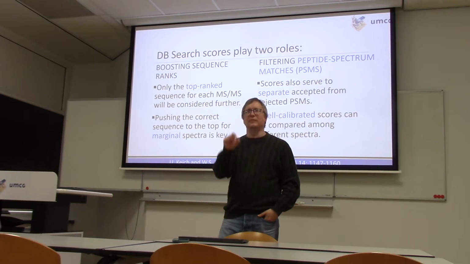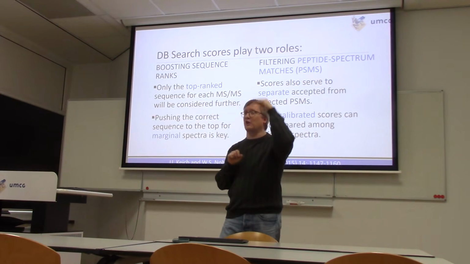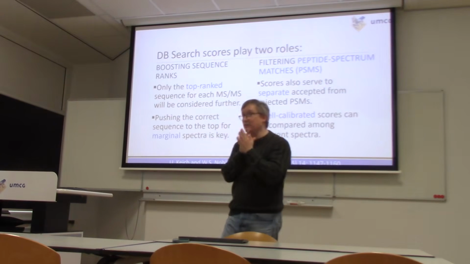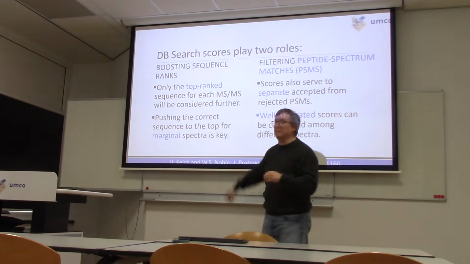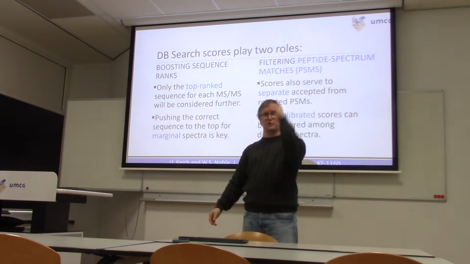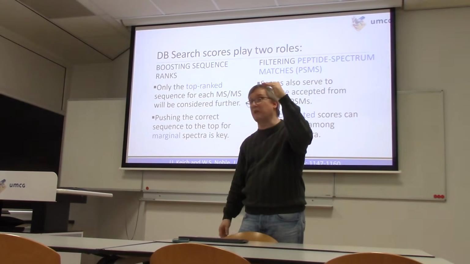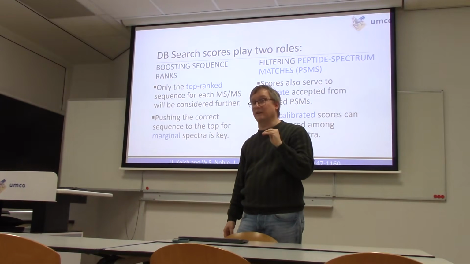Generally speaking, if the database search engine doesn't get the correct sequence all the way at the top rank for the MSMS, we're probably going to ignore that MSMS. It's probably going to be treated as a failed identification. So being able to rank the one true sequence for this MSMS all the way at the top is almost a prerequisite for that peptide being identified correctly.